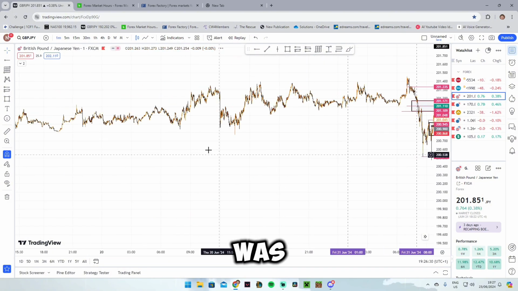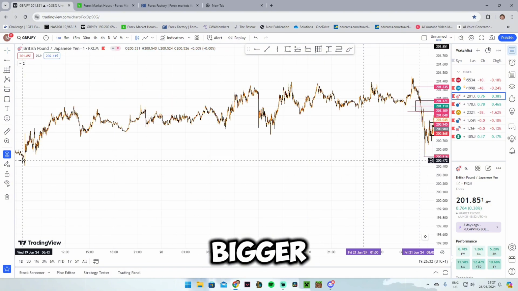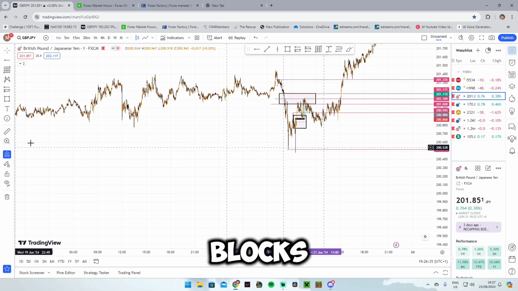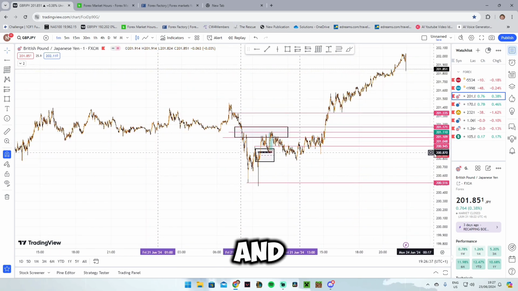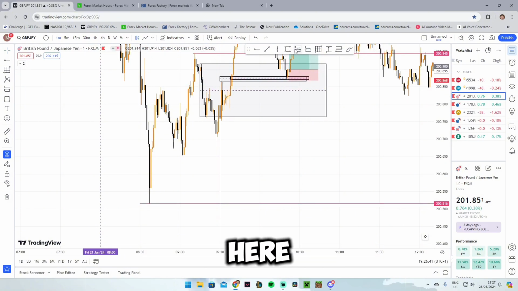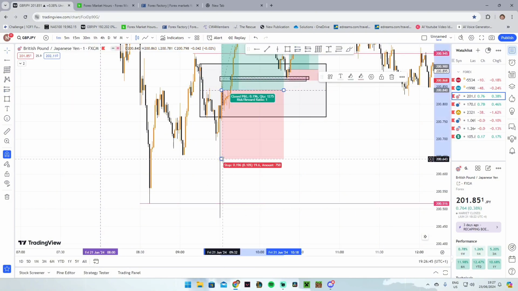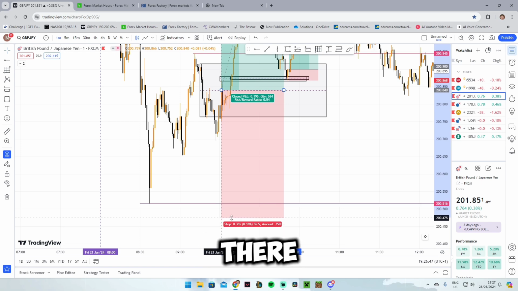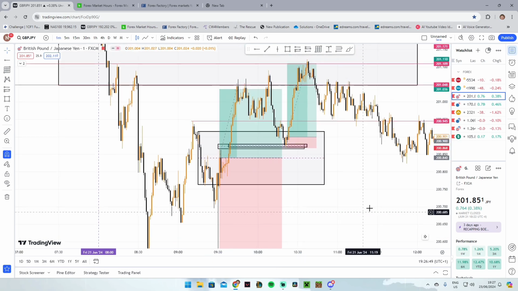The trade I took was reacting off of one of these bigger time frame order blocks. And I took my trade somewhere here, I think. It was this one with stops below there or something like that.